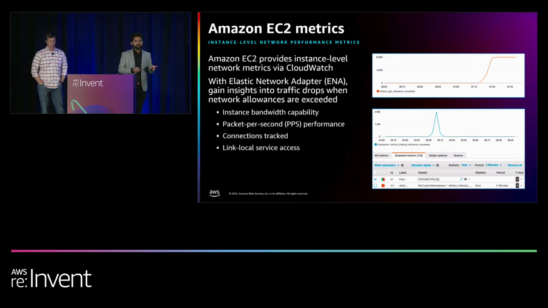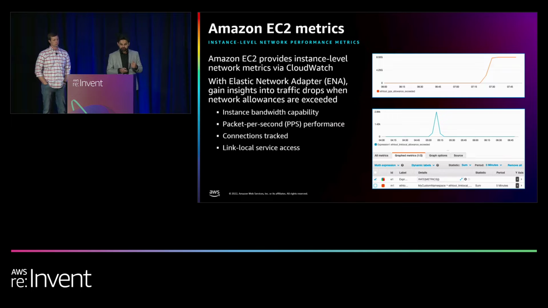So going back to our 3-tier example architecture, monitoring EC2 network attributes is key to understanding your overall network performance. We provide EC2 instance metrics such as network in and network out in CloudWatch in terms of bytes. So that's always available.